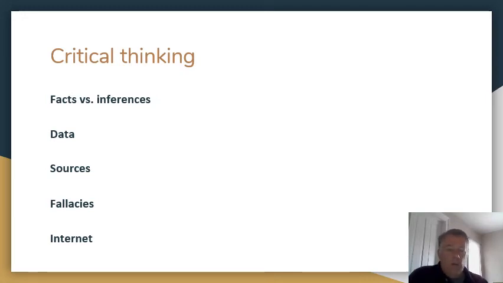Always consider the sources that you're using for your decisions. I've jumped down below to the last word of the internet. If you're basing your decisions on information that you've gotten from the internet, you have to really evaluate the source to determine how credible and valuable the information is.